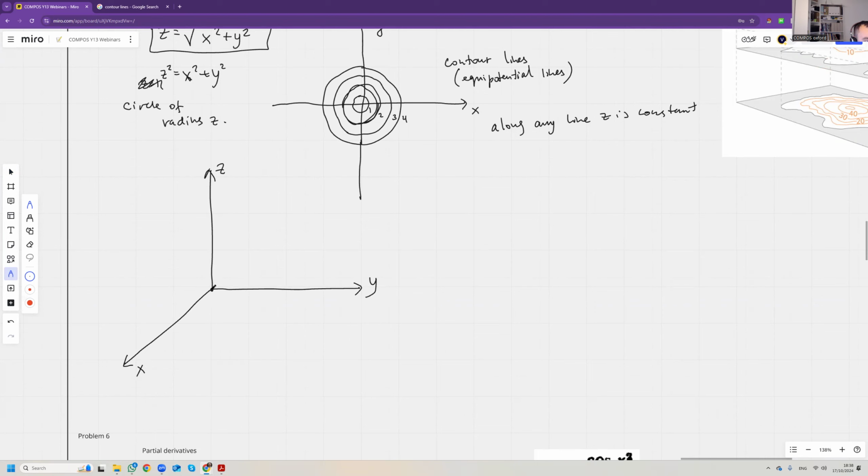So when z is 0, that's a dot. When z is 1, it's a circle of radius 1. When z is 2, it's a circle of radius 2. When z is 3, it's a circle of radius 3.